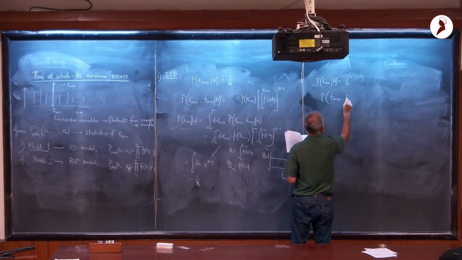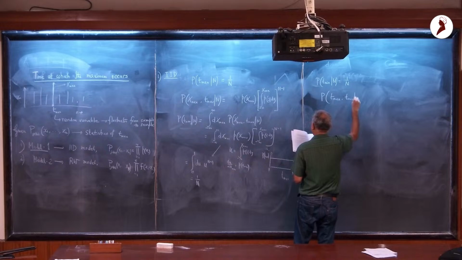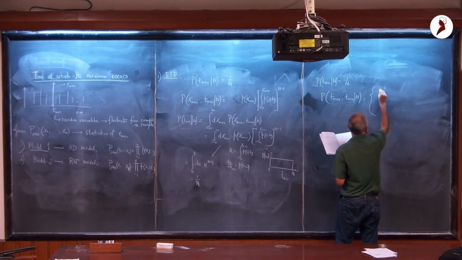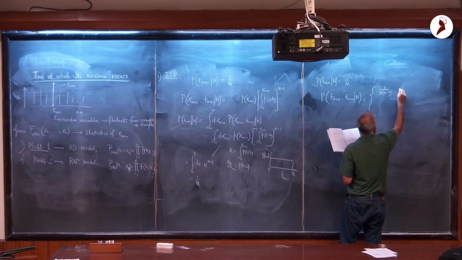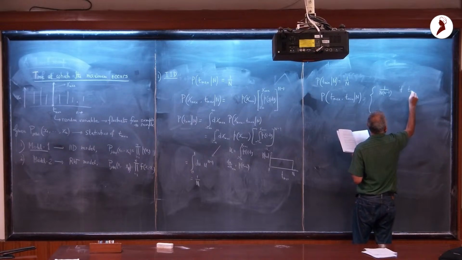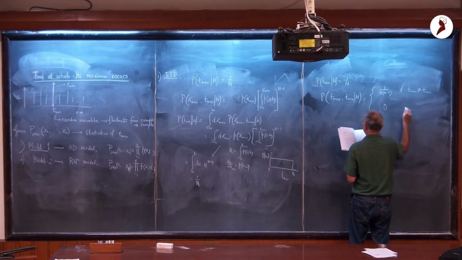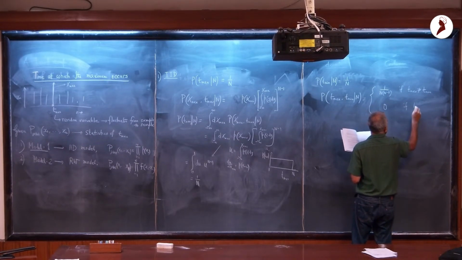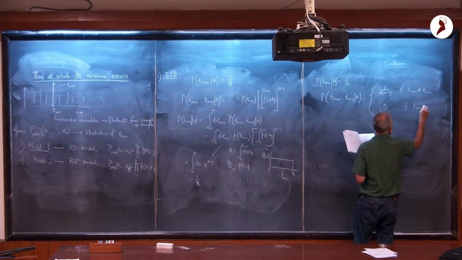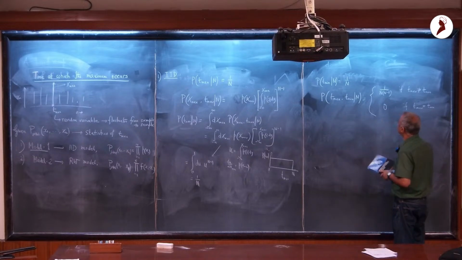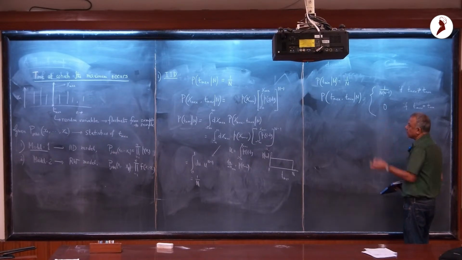Show that, of course, T max cannot be equal to T min, because by definition your maximum cannot be the minimum.